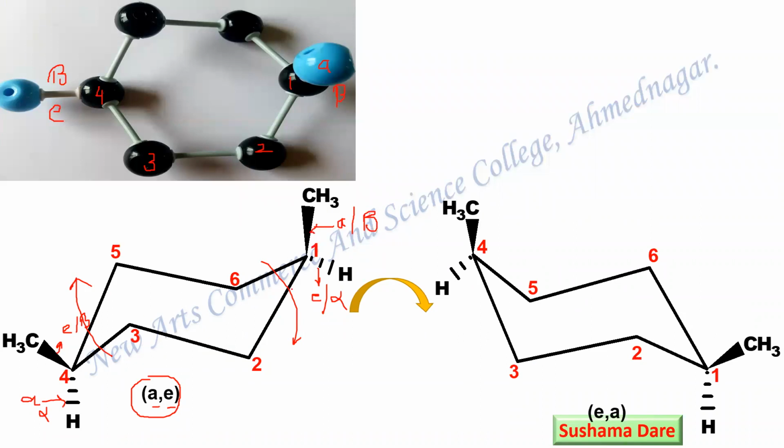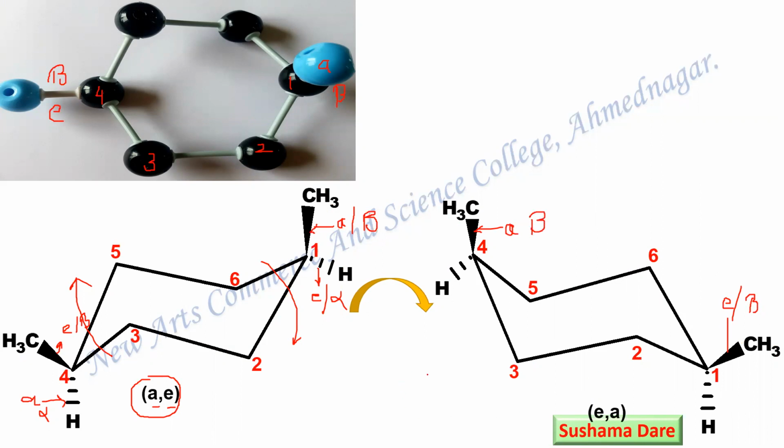Now look at the number 1 methyl group. It is now equatorial, but it remains beta. Number 4, originally equatorial, now changes to axial, and at the same time it is beta, facing in the upper direction.